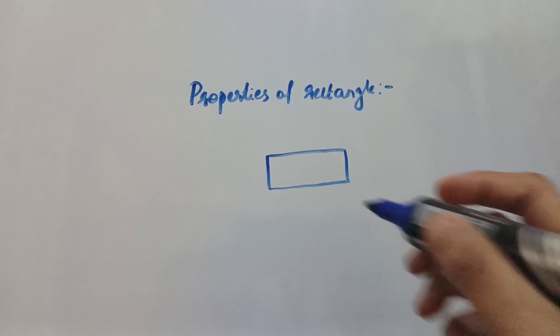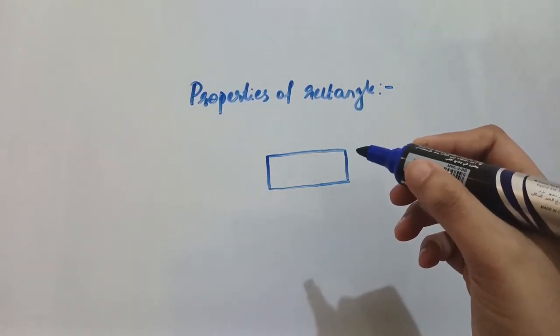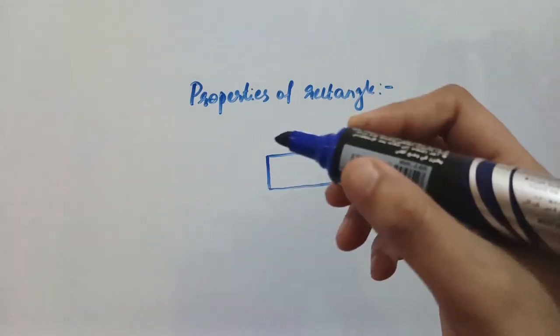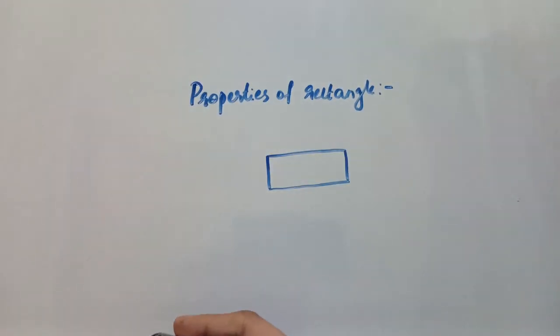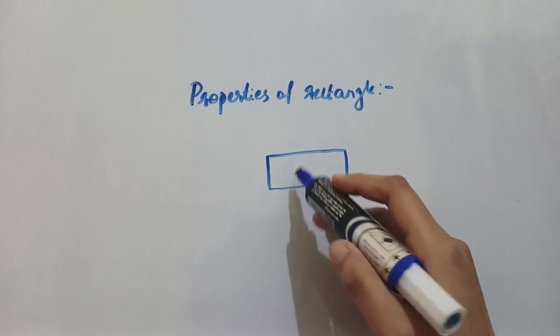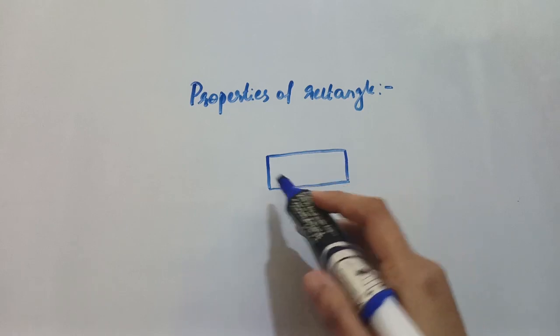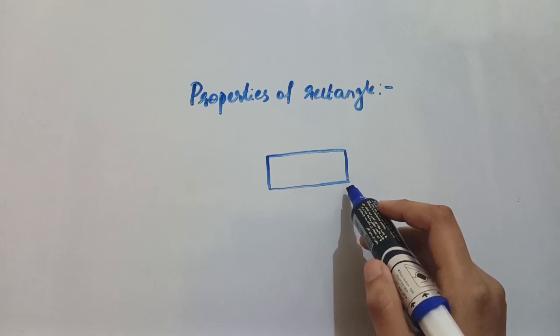Next we can discuss the properties of a rectangle. A rectangle has all the properties of a parallelogram that we have discussed previously. That is, the four properties for a parallelogram: opposite angles are congruent, opposite sides are congruent, adjacent angles are supplementary, and diagonals bisect each other.